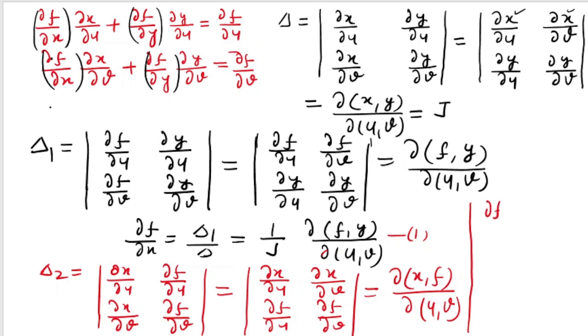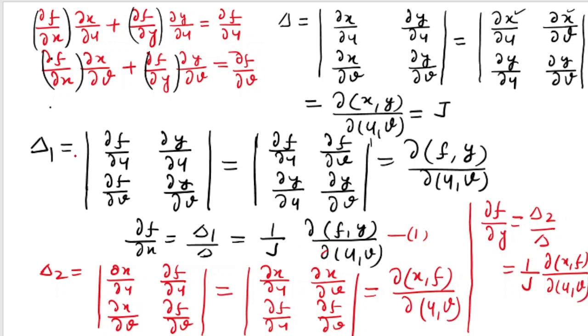Del f by del y, as per the definition, is delta 2 by delta, right? So I am replacing delta using the term J, so I am writing J, and delta 2 I have got as del of x comma f divided by del of u comma v.